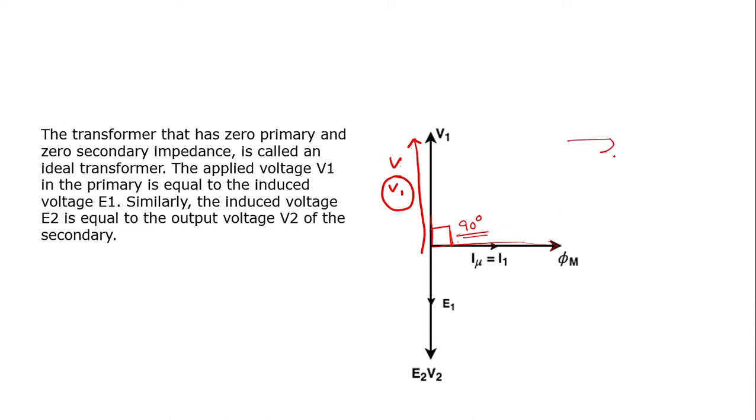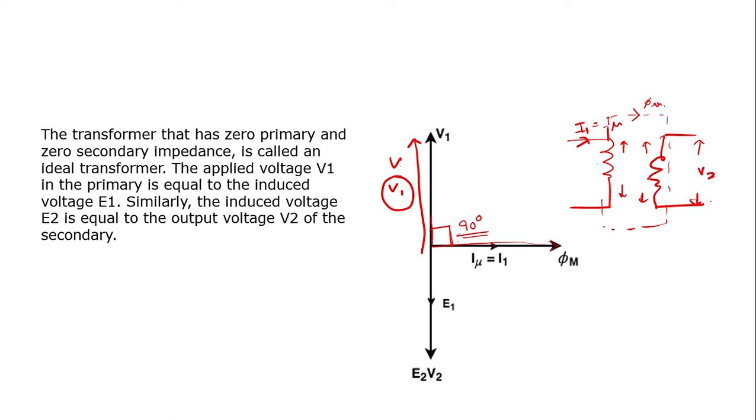So if this is the coil, I1 is the current which is equal to I mu, right? And phi m is the magnetic flux that is being produced due to this current. Right, now the induced voltage in the primary side as well as the secondary side, and the secondary voltage.